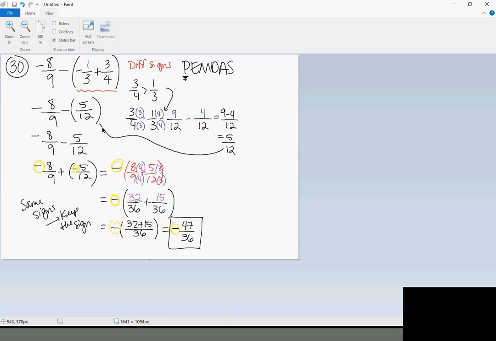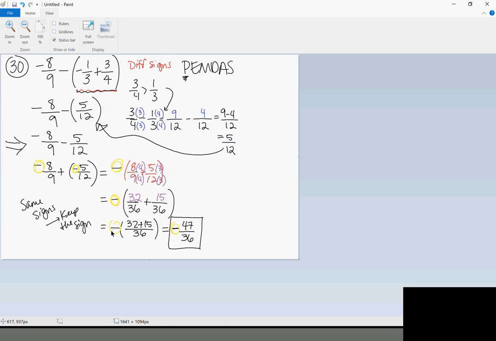So going back to the original problem, that is coming from the parentheses. So now we have that we brought down the negative 8 over 9 minus now 5 over 12, which is what we have here. So now we have the same sign, so we are going to add them together. I did that in red, and we're going to keep the sign at negative.